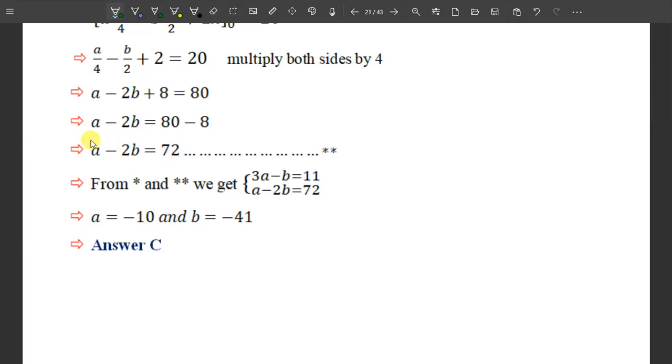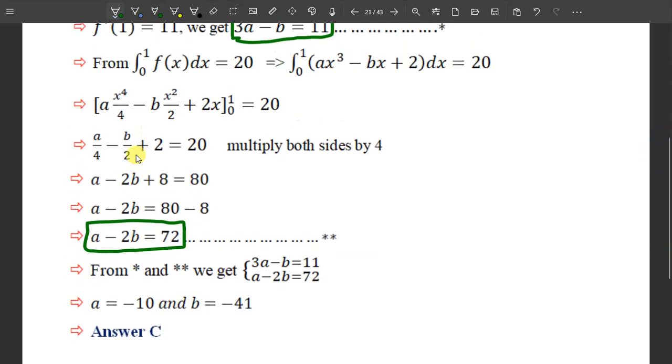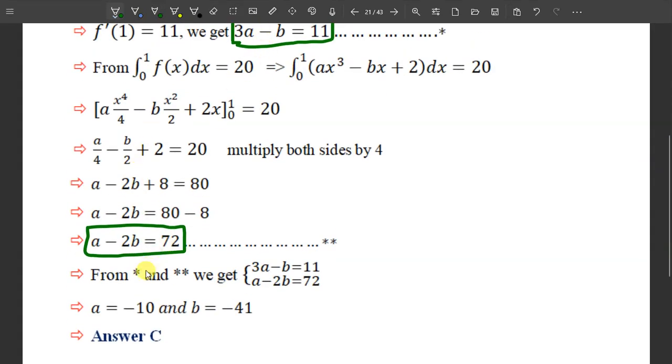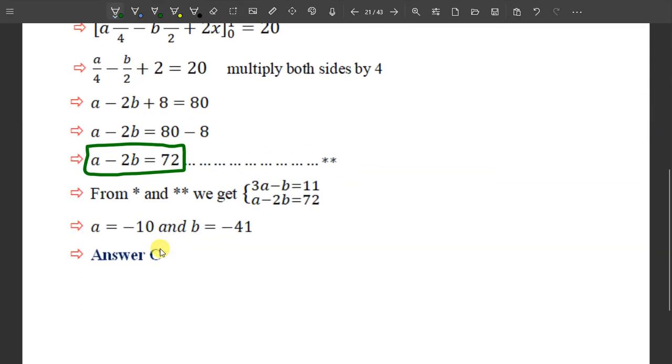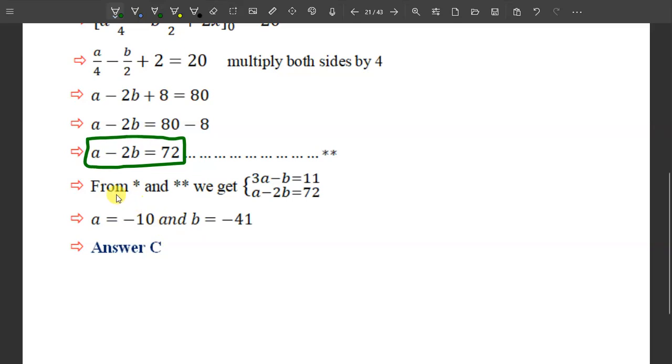Call this the second equation, or equation number 2, and put it in a box. Then combine the two. It becomes a system of linear equations involving two variables.